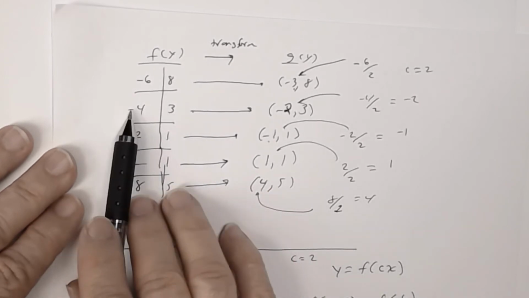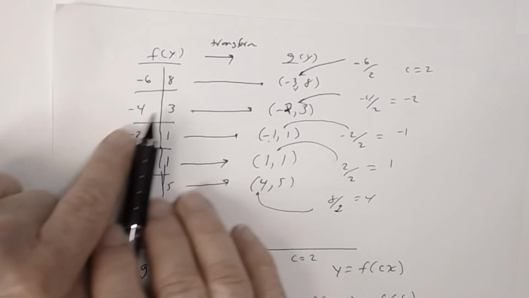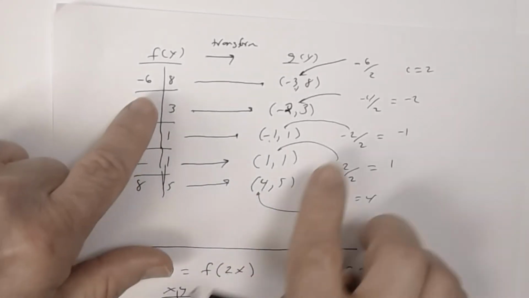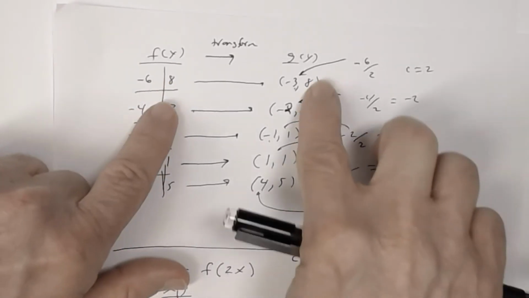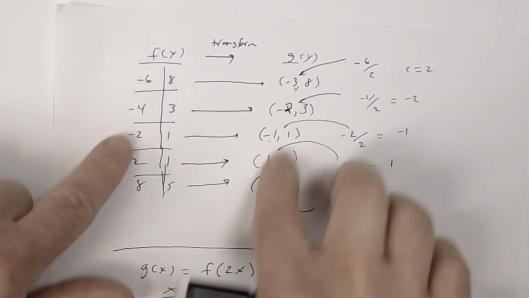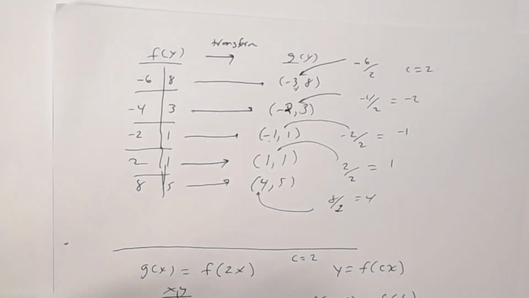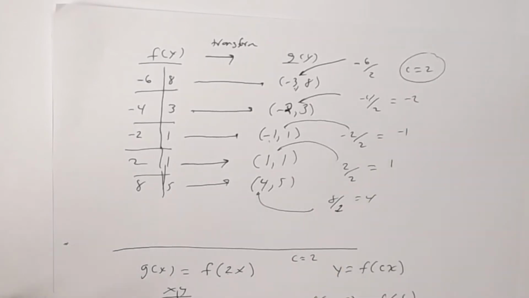Whether we have a horizontal shrink or horizontal stretch does not matter. Every point's going to change because I'm doing a stretch or a shrink. We notice this, though. We notice that the y value stayed the same, right? 8, 3, 1. The x value changed, and the x value changed by a factor. So remember we used the word factor? Okay, so it changed by a factor, and that factor is C.